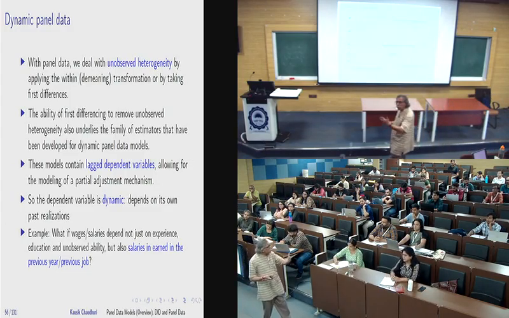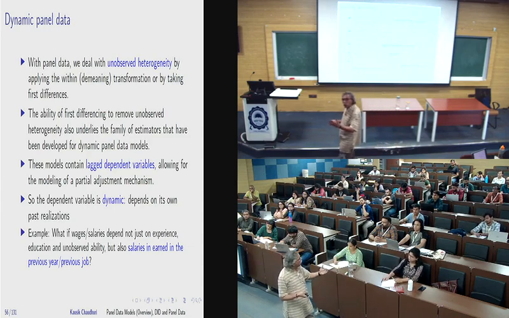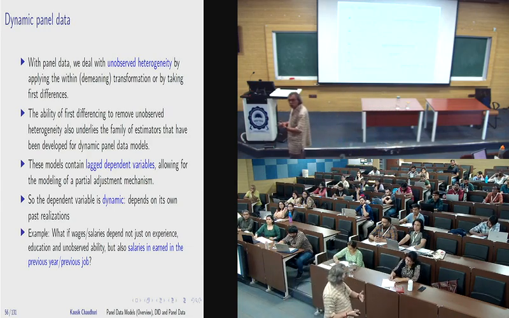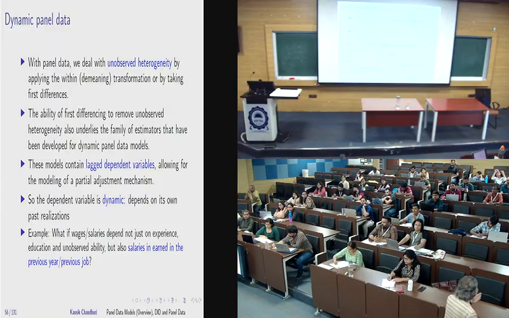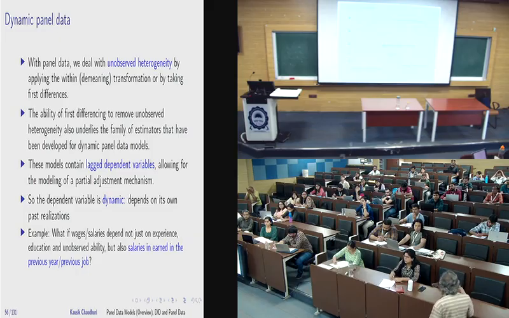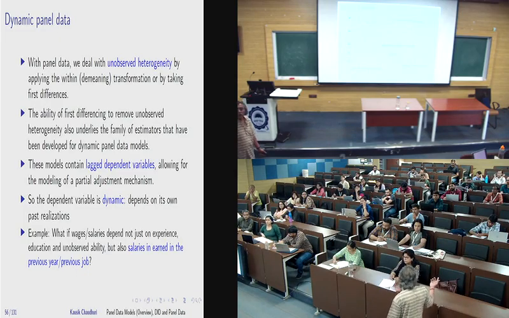Now write the model for the next period, it would be Y_it-1, that should be equal to alpha_i plus rho Y_it-2 plus U_it-1. Take Y_it minus Y_it-1. The alpha_i goes away, so you get delta Y_it, that should be equal to rho delta Y_it-1 plus delta U_it.